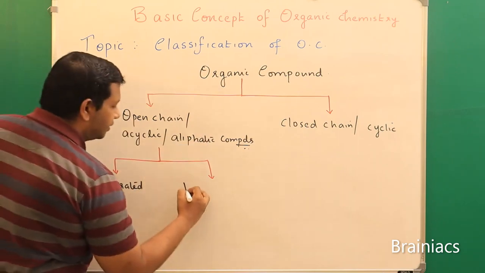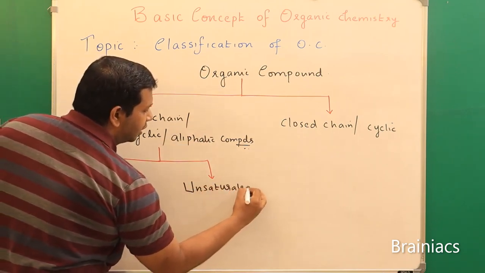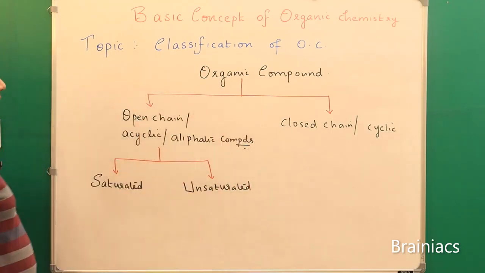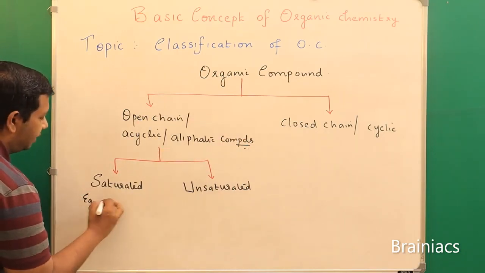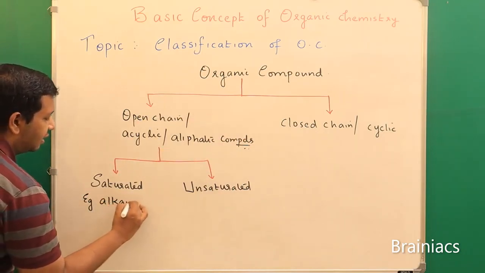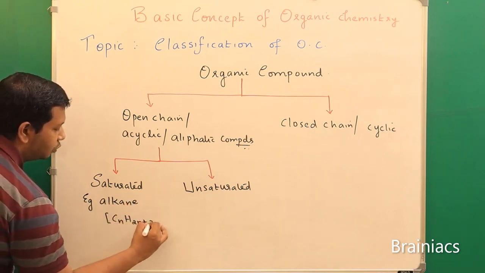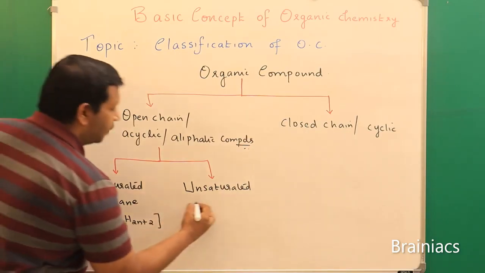And the next one is unsaturated. Now how will you say this one? Unsaturated open chain organic compounds. Now saturated, in that the example is alkane, and its formula you might know, CnH2n+2. And unsaturated is further divided into two.